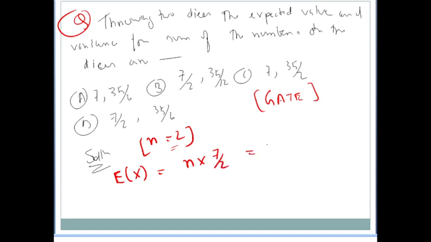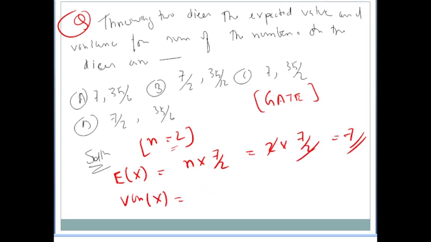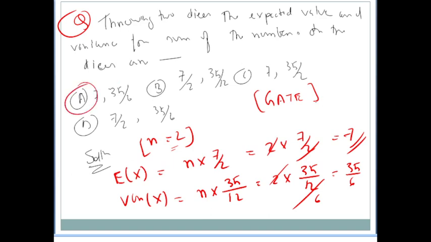Here it is thrown twice, therefore 2 into 7 by 2, so the expected value will be 7. Now the variance: the formula is n into 35 divided by 12, so 2 into 35 divided by 12 gives 35 by 6. So the answer is 7 and 35 by 6, option A. This is that easy.